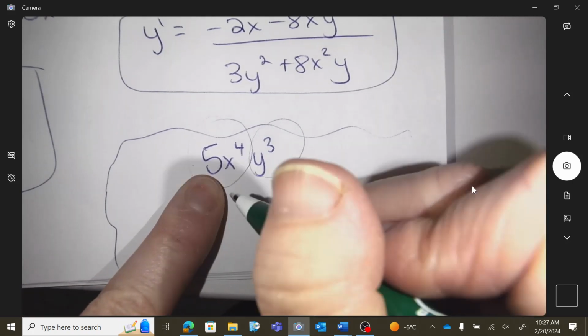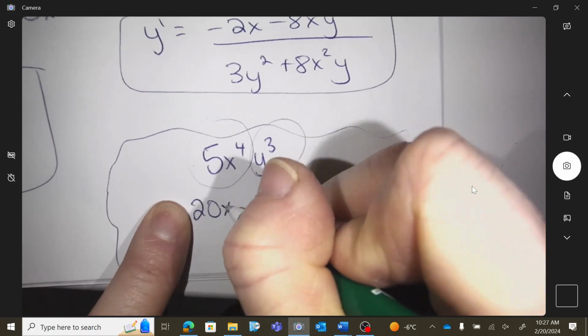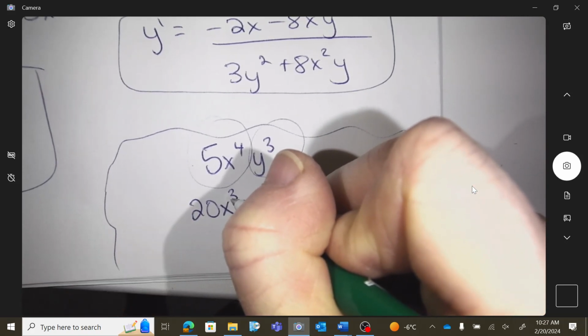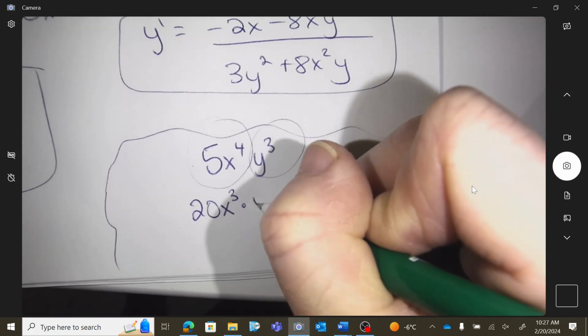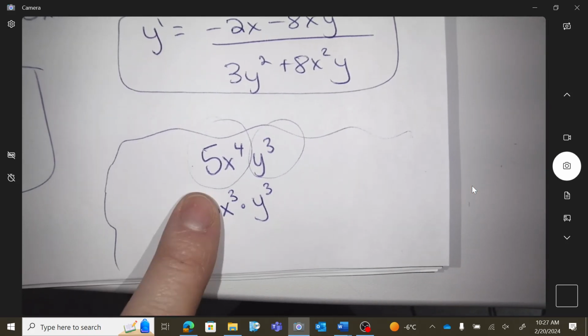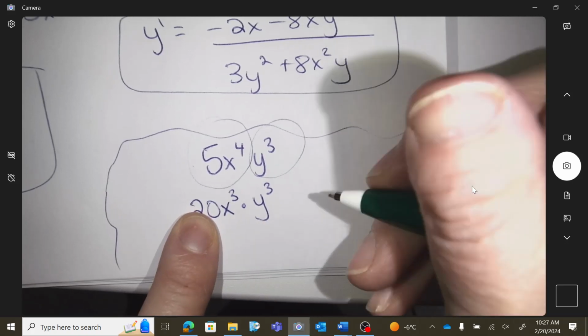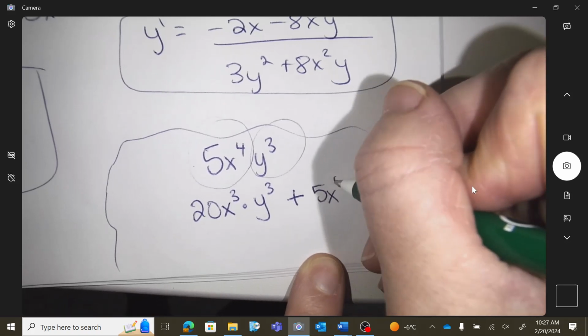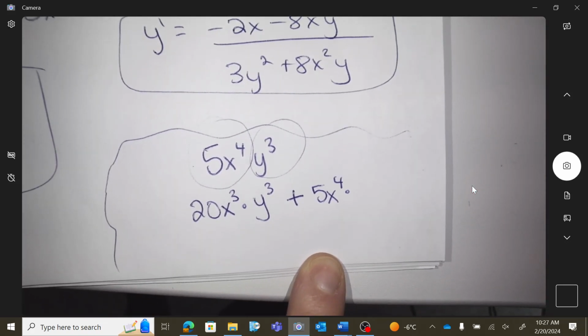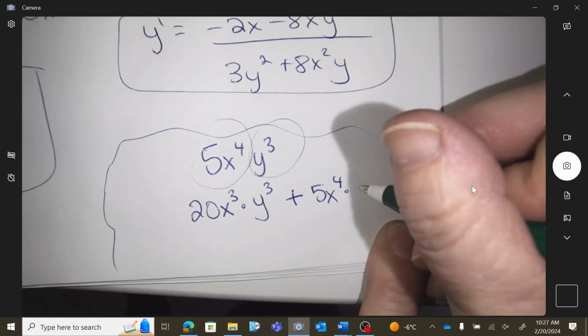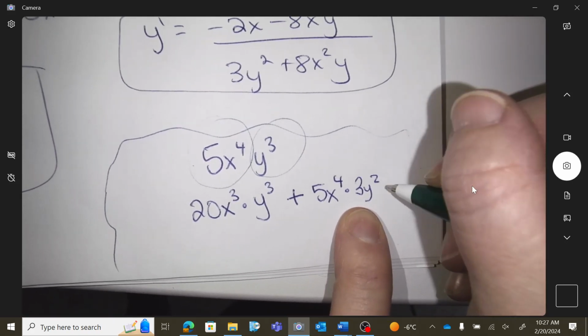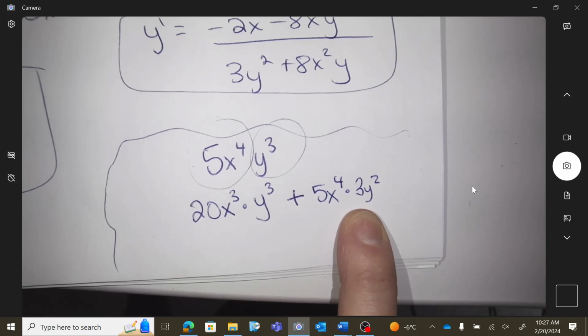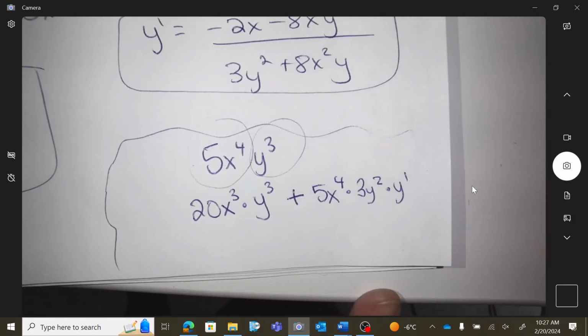Derive. So 20x cubed. And then I'm deriving with x, so I don't have to do any attachments. Derive times the keep. I derive keep plus keep derive, so 3y squared, but as soon as you derive y, there's an attachment.